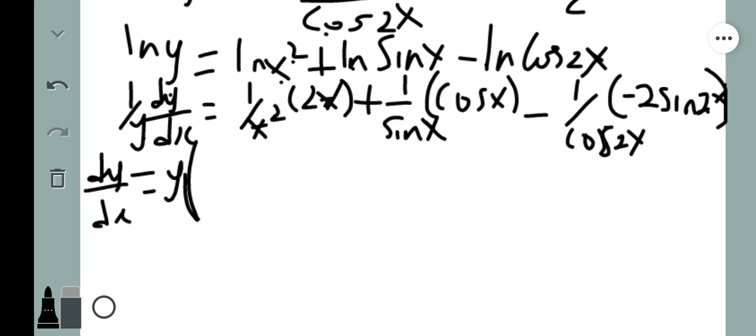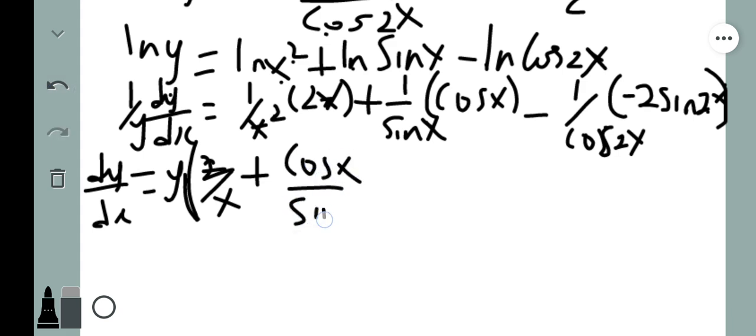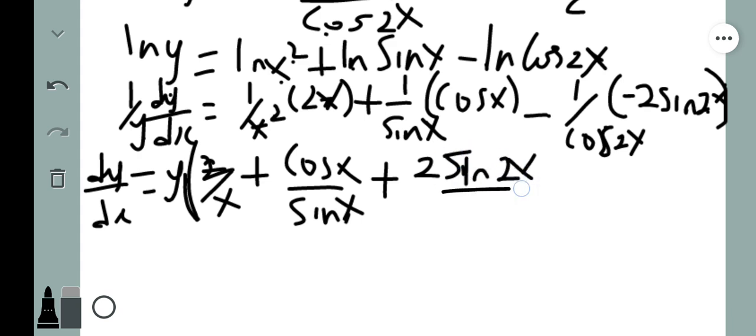You have 2 over x, plus cos x over sine x, and as minus times minus here gives plus, 2 sine 2x over cos 2x.